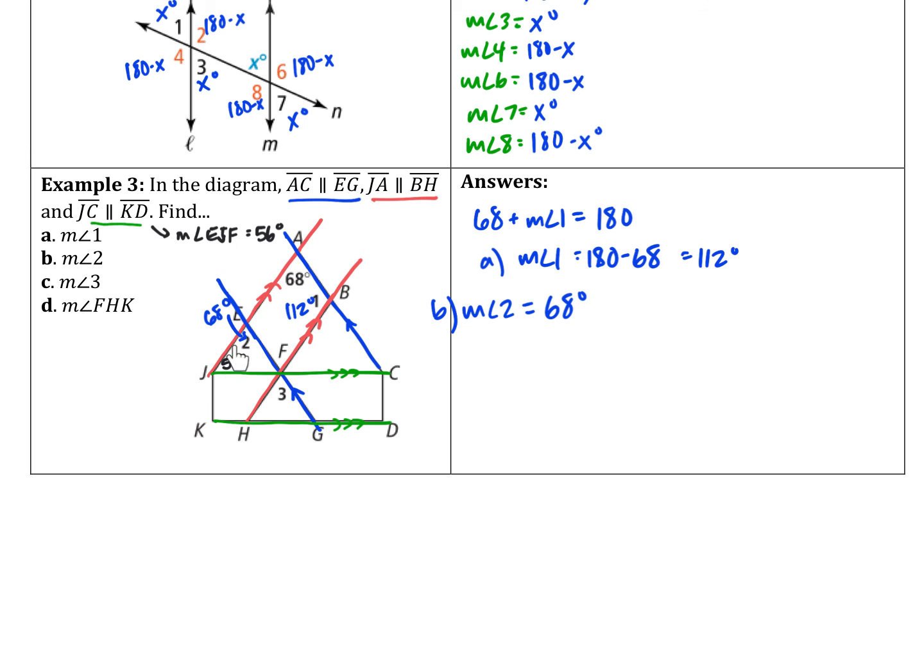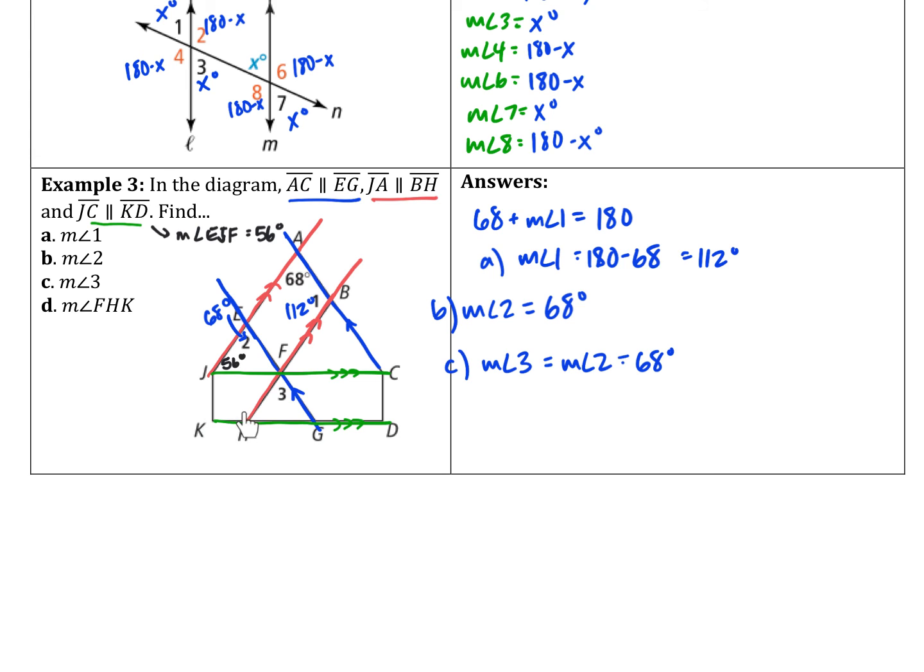So I'd have my red parallel to my red and then crossed by this transversal. In that situation, this angle 2, which is 68 degrees, is a corresponding angle with angle 3. These two are corresponding. So that means that the measure of angle 3 will be the same as the measure of angle 2, which is 68 degrees.